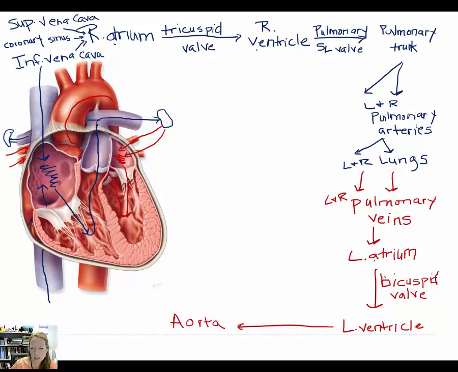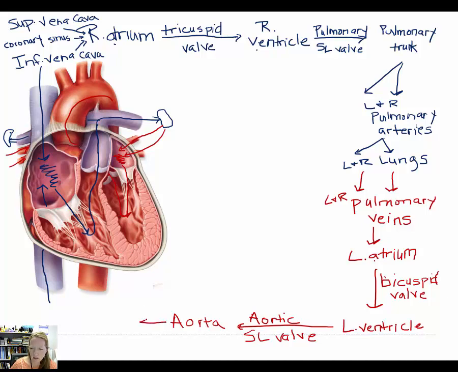But again, you see how it passed through another valve, and that one is going to be between the ventricle and another great vessel, the aorta. So it's going to be a semilunar valve. And of course, it's the entrance to the aorta, so it's the aortic semilunar valve.